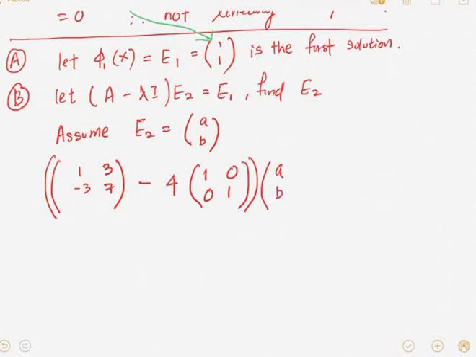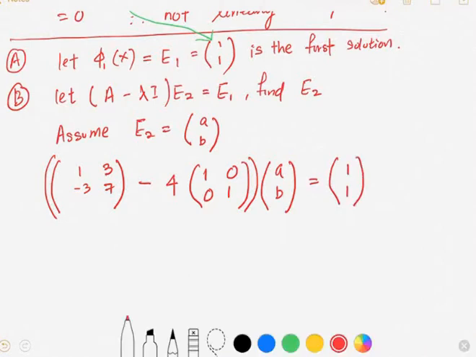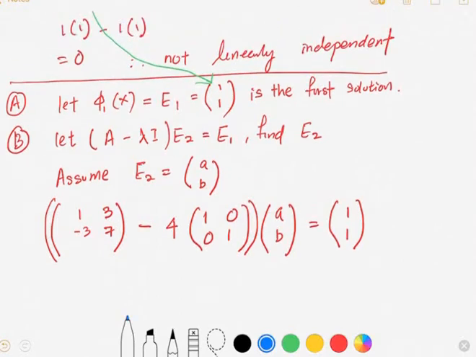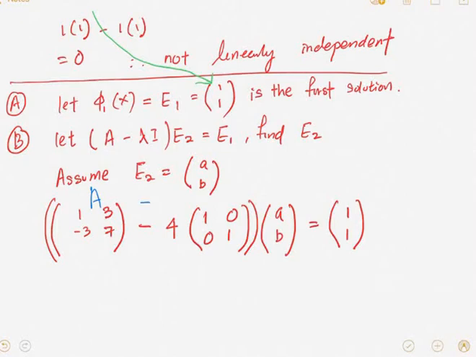Times a and b, equal to e1, and your e1 is 1 and 1. So meaning that this is A, this is lambda, this is I, and this is e2. A minus lambda I times e2 equals e1. You follow this one.